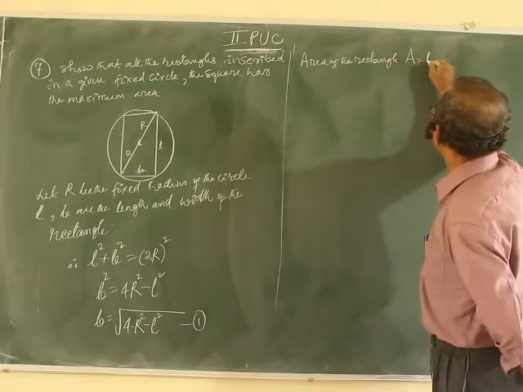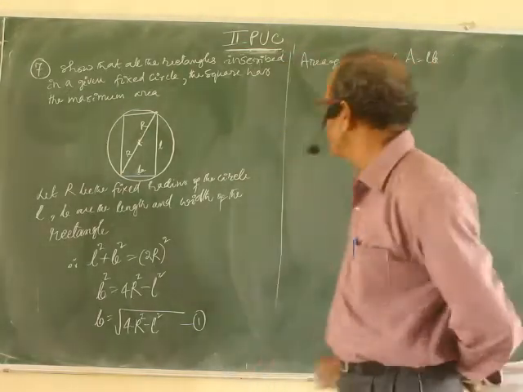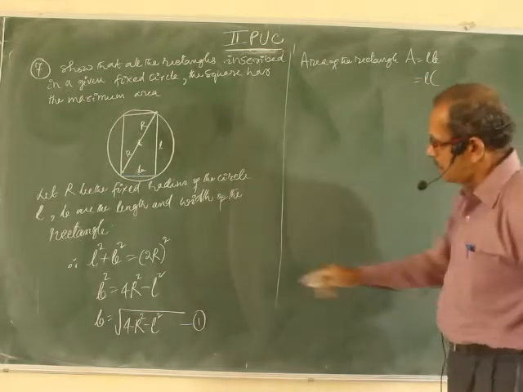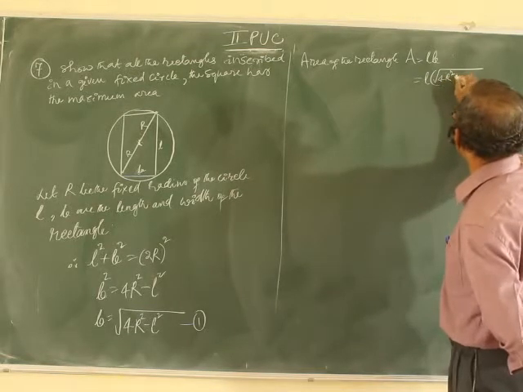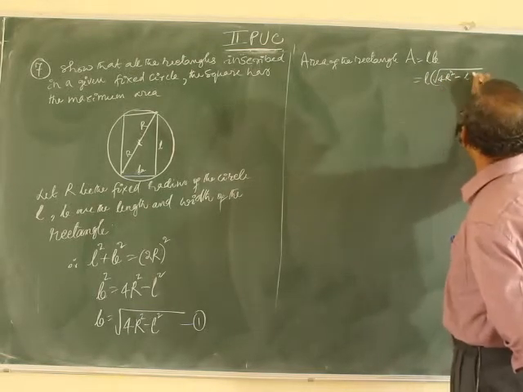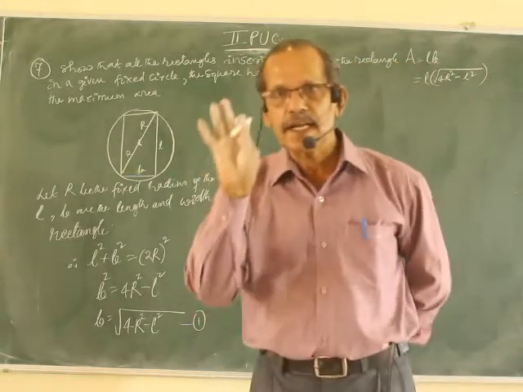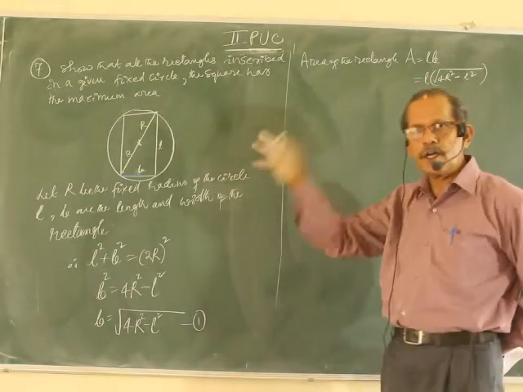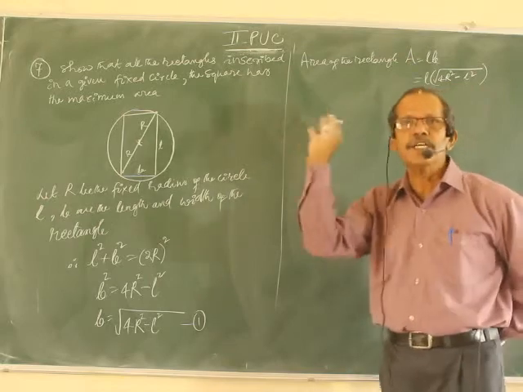A equal to L into B. Or L into B can be written like this, as I told, it is required for the next step: L into root of 4R square minus L square. Now this is actually the area of the rectangle. Now whether this is maximum or minimum depends upon dA by dL being 0.